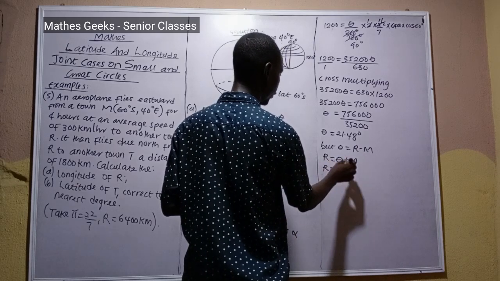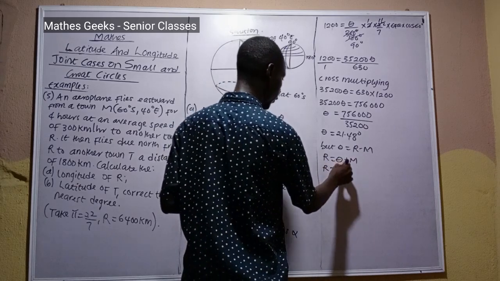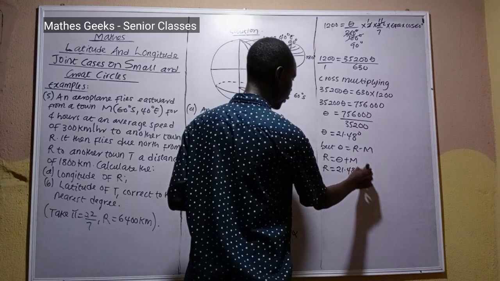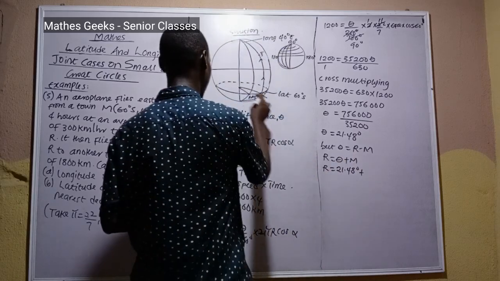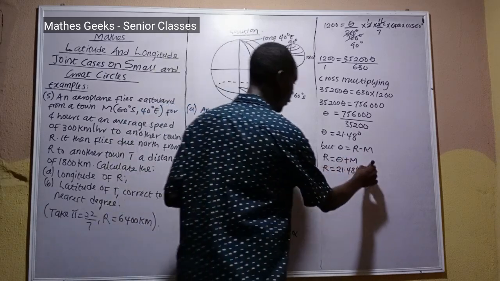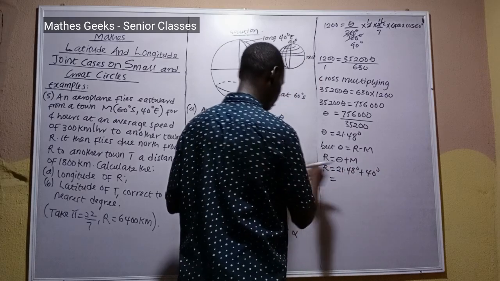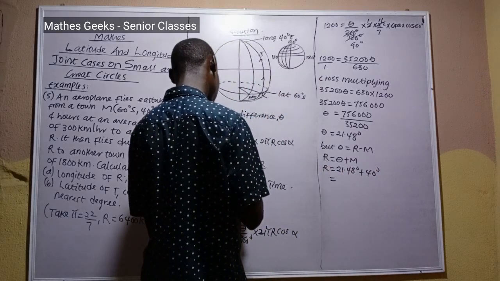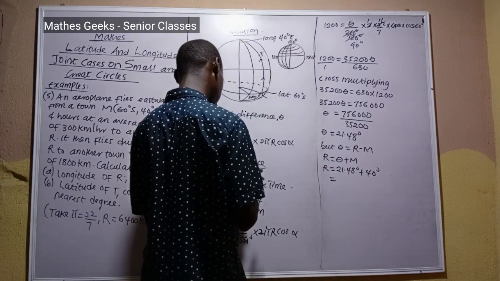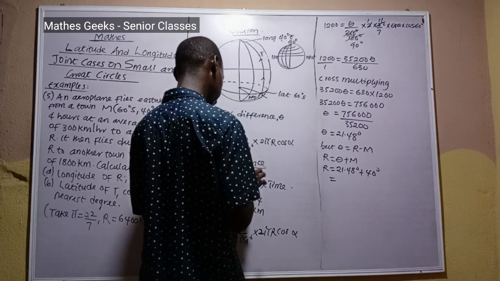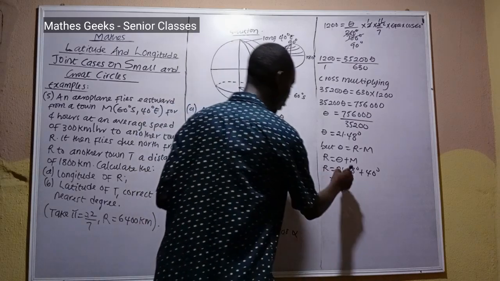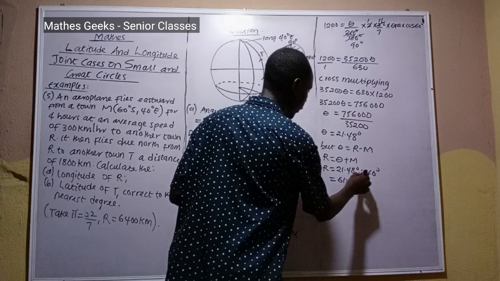So R is equal to 21.48 degrees plus the longitude of M, which is 40 degrees. 21.48 plus 40 is 61.48 degrees.